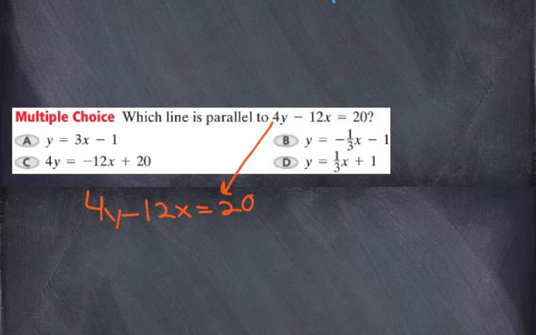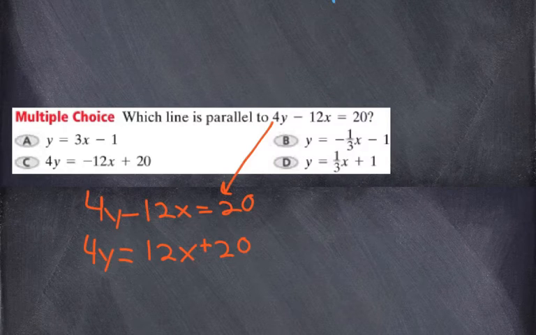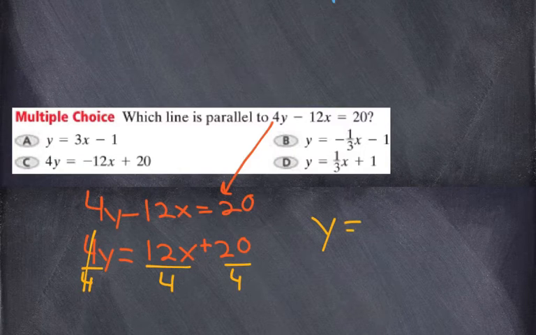Because the best thing to do is put it into slope-intercept form so you can see what the slope is. So I'm going to go ahead and add the 12x over, move it to the right side, plus 20, and then we divide by 4. Okay, we want to get y fully by itself. So we're left with y is equal to 3x plus 5.